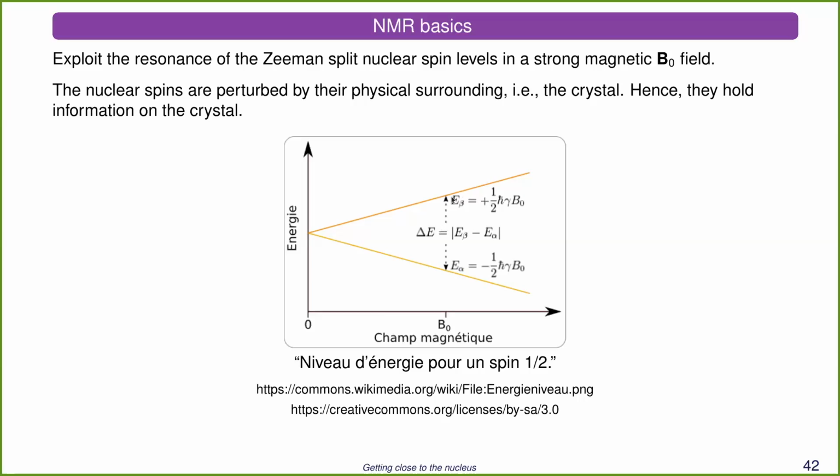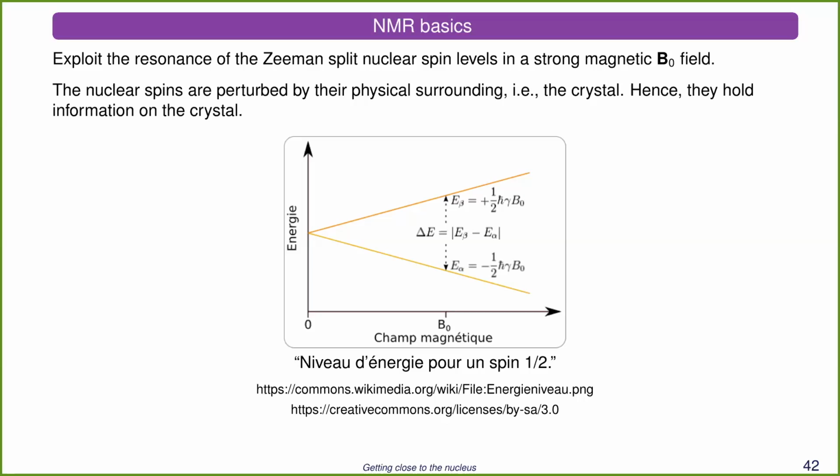But the states of the spin that you push apart also depend on what happens around them in the material, in the crystal. So they depend on the physical surroundings and give information on the crystal. That's why this is interesting. This otherwise would be a little bit boring. It's just a Zeeman effect and that's it. But there is more to it than this.